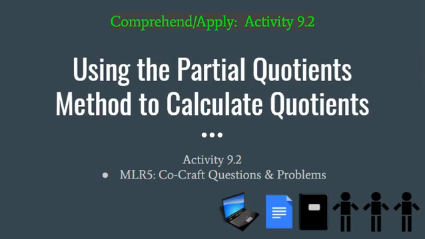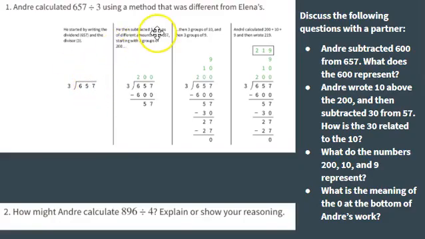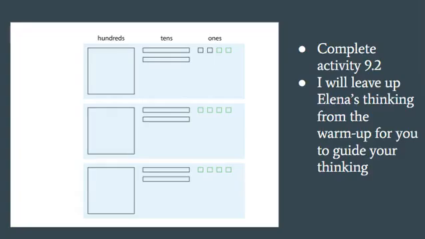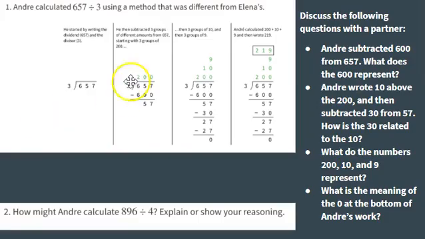So we're going to use some partial quotients to divide out and calculate some quotients here. All right, this is a method that's a little bit different than what Elena did. Remember, Elena used base 10 blocks to divide it up.